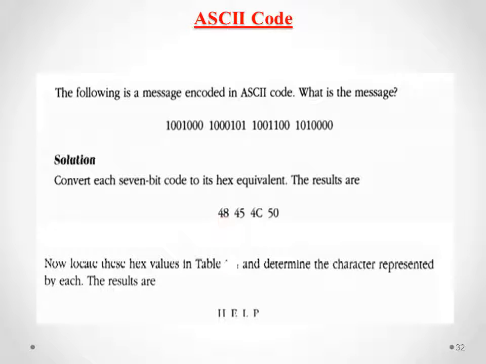These values are converted into equivalent letters, that is 48 is H, 45 is E, 4C is L, and 50 is P, that is equal to help. So if you are typing help on the keyboard, the equivalent binary codes will be stored in our memory.